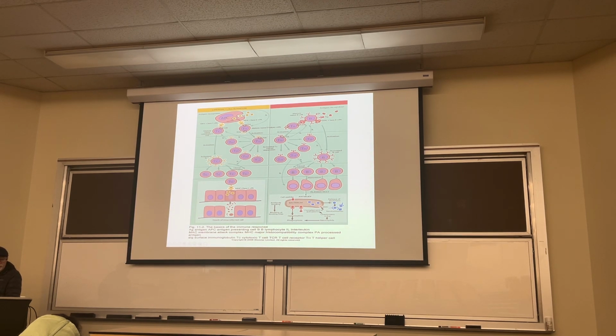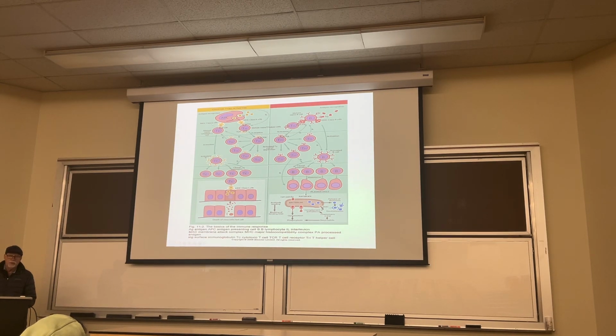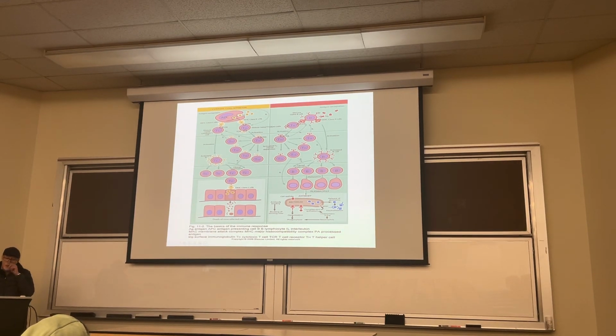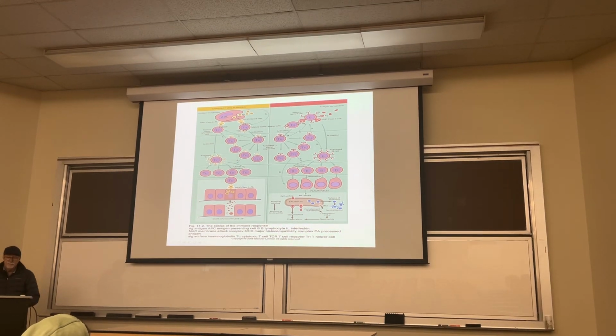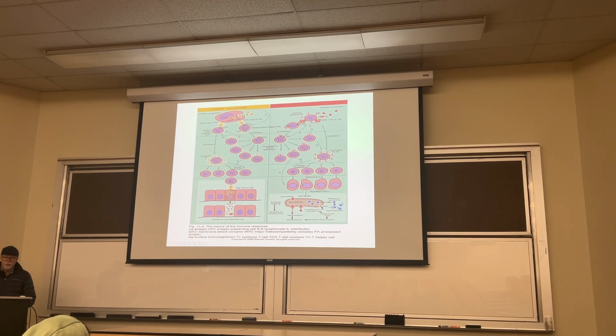We have class 1 and class 2. Essentially all of our nucleated cells have major histocompatibility class 1 on their surface, and the antigen-presenting cells also have a second type, major histocompatibility class 2 receptor. If we look at where the little pointer is, there is the receptor type there.